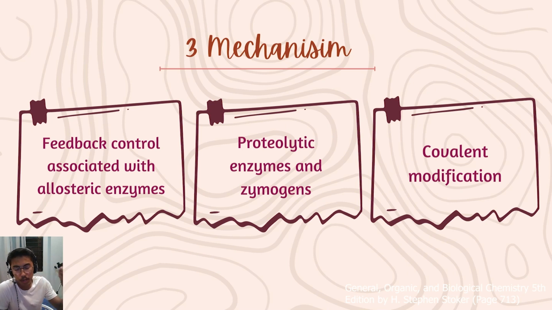Then the third one is the covalent modification. In overview, that is just literally the adding of a phosphate group to the enzyme. Actually, it can activate or inhibit an activity.